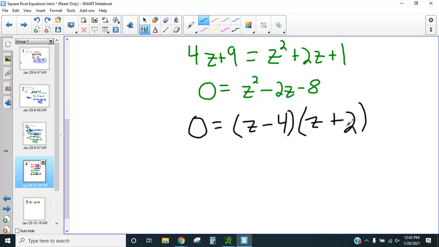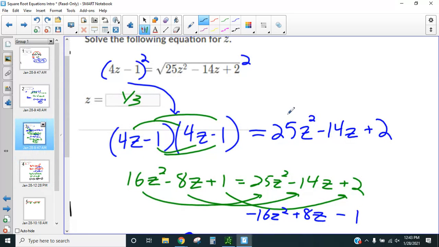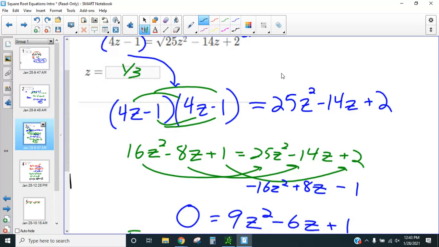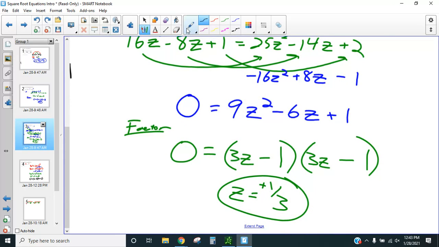Now, some of the factors that you're going to see today have a number in front of the z squared. Let me give you just a preview of that real quick. All right, so one of the problems I did on here, and I'll leave this up here for notes, looks like this. And then eventually we had to factor something where there was a 9 out in front.